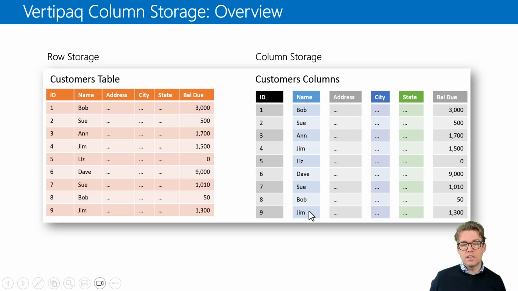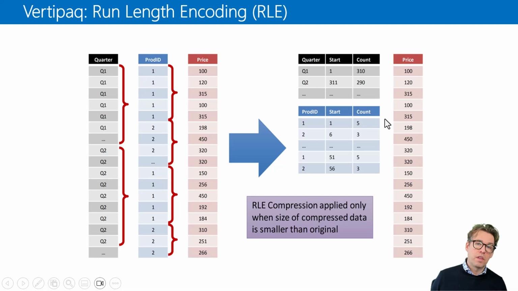And because everything is the same kind of data, it's really easy to compress. Because we'll probably have a lot of customers with the same city. So it's easy to compress. One way to do this is run length encoding. Power BI is going to order the data so that it can be compressed as efficiently as possible.